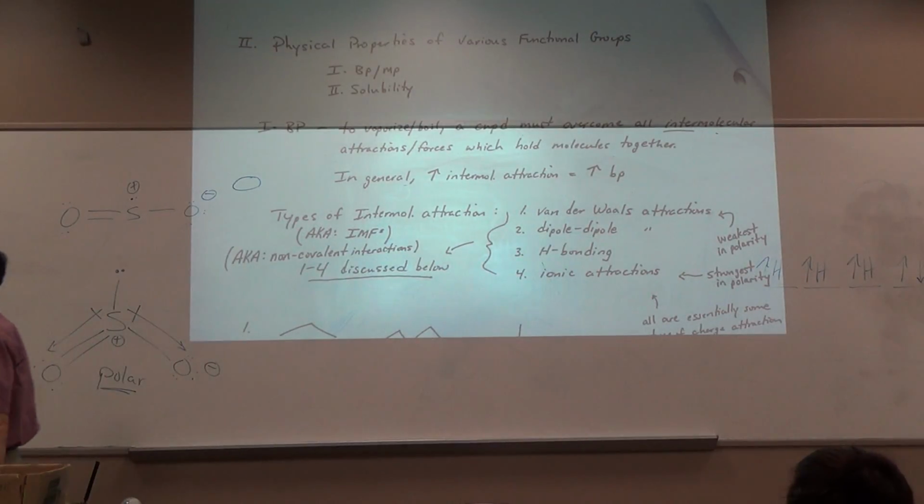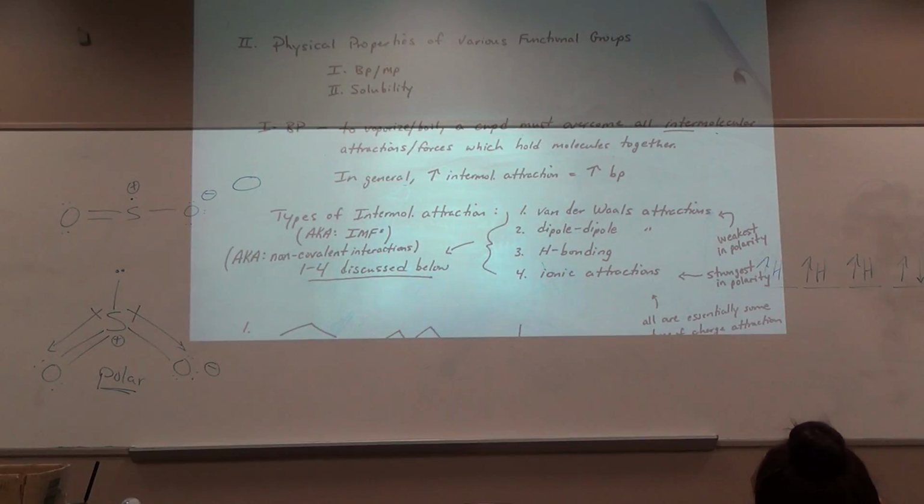Question: You said dichloromethane is polar, but I know this is a largely contested thing on whether it's nonpolar or polar, and I feel like most sources say it is nonpolar. Well, when we get to solvents, I will say something about that.